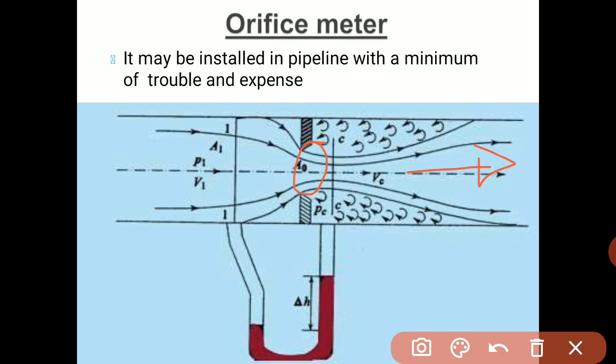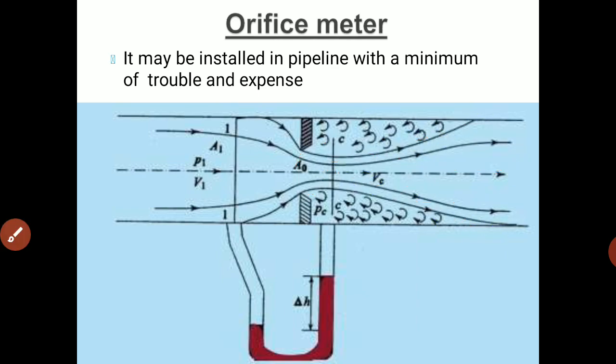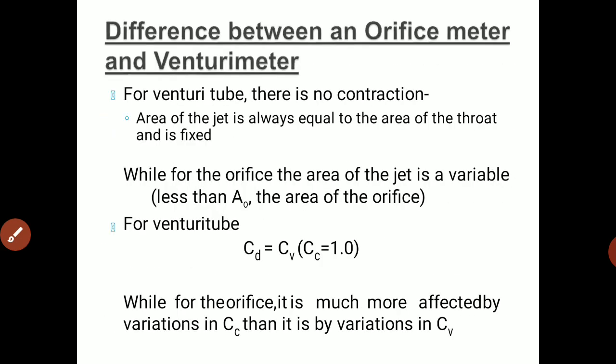By making the diameter of the pipe here smaller, we get a higher velocity. For a venturi tube, CD is equal to CV. CD is the coefficient of discharge, CV is the coefficient of velocity, and CC, the coefficient of contraction, is 1.